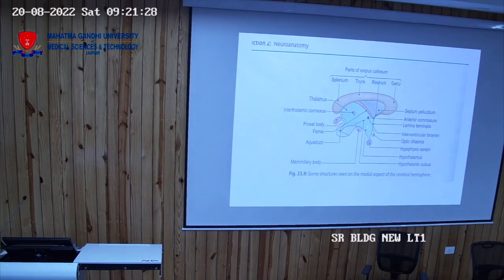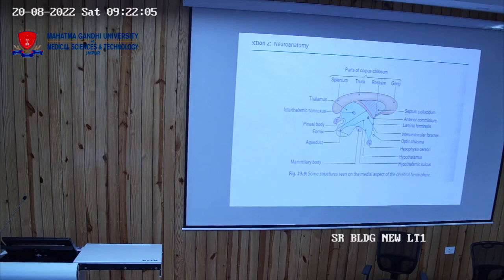Above is thalamus, downward is hypothalamus. This is the hypothalamic sulcus, and below this is the inferior border, and look at this part. This is the interventricular foramen. So lying below this thalamus, hypothalamus, that is the third ventricle, and below the septum pellucidum is the lateral ventricle. The third ventricle communicates with the lateral ventricle by means of the interventricular foramen.